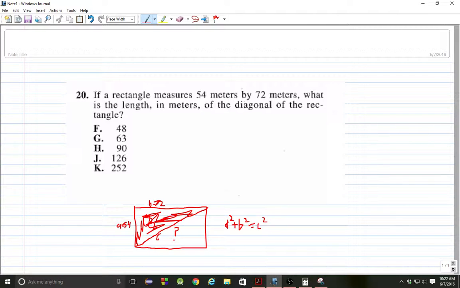The formula is 54 squared plus 72 squared equals c squared. So c equals the square root of 54 squared plus 72 squared.